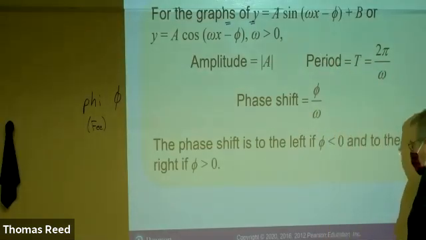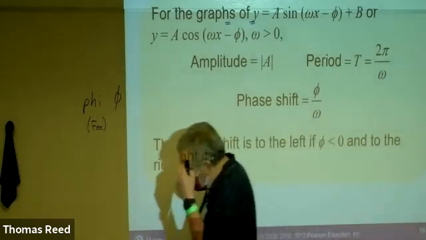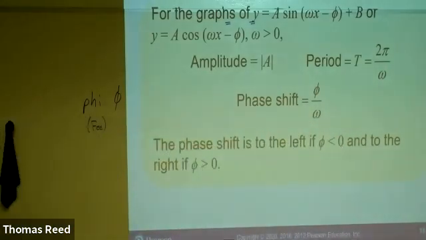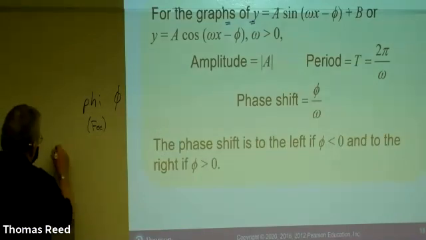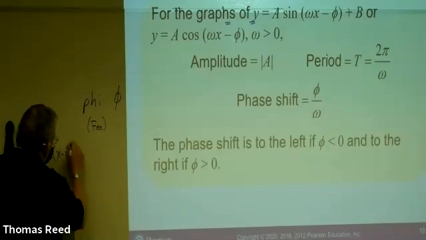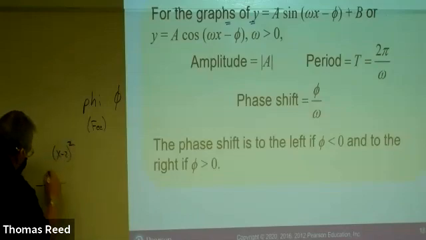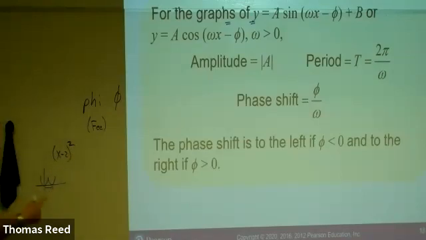Just like when we were talking about phase shift, the horizontal shift with parabolas. If we have x minus 2 being squared, that means x squared went from over here to over here. That moved over 2 units to the right, because what I'm subtracting is a positive number.